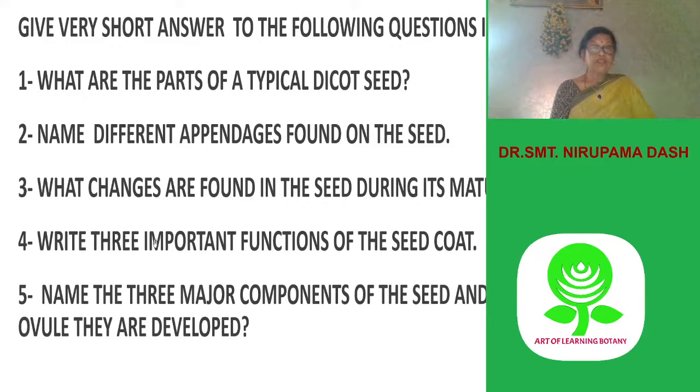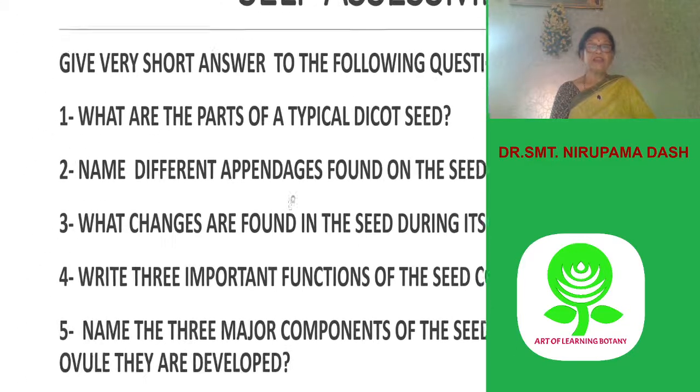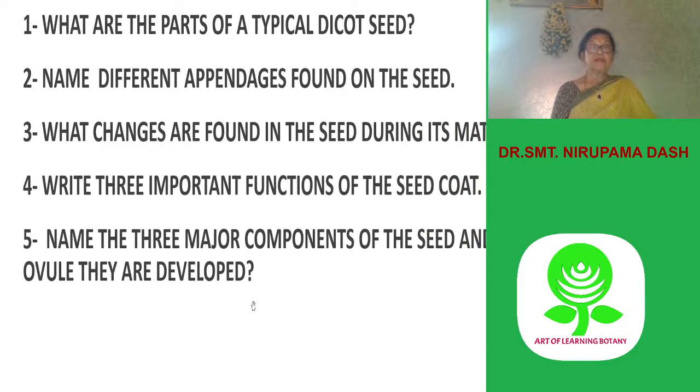Then fourth question, write the important functions of seed coat. The important functions of seed coat are, they protect the embryo from mechanical damage, from microbial infection, from environmental hazards. Besides that, it helps in dispersal of species because sometimes they develop special structures like hairs and wings.